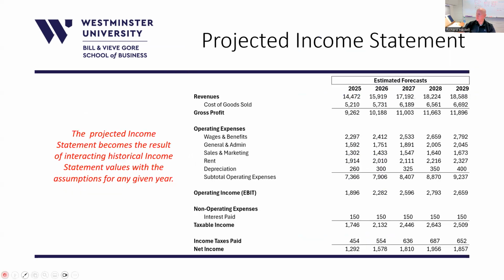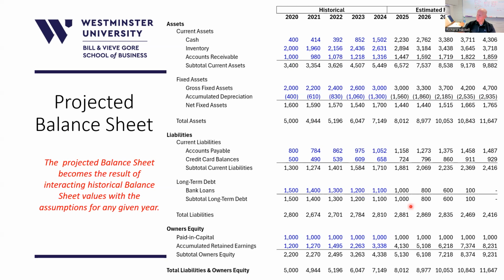I would add to it then the 2025 depreciation expense of 260. And that would then give me the accumulated retained earnings of 4,130. I'll do the same thing for each year thereafter. That gives me this accumulated balance that I'm looking at.